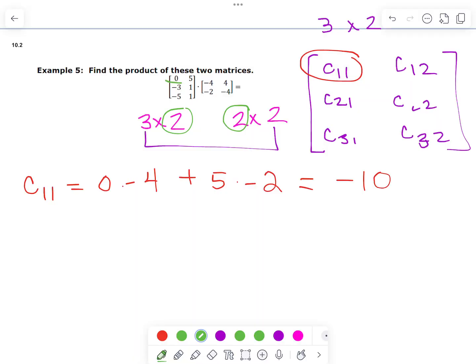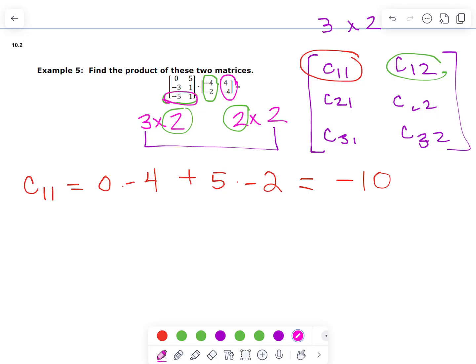Then you would go first row again to the second column, and that would produce this one. Continuing on, then you would go to the second row, first column. Then you would go to second row, second column, and get those next 2 elements. Then you would go to the third row, first column. Then you go to the third row, second column. Those are your last 2 elements.